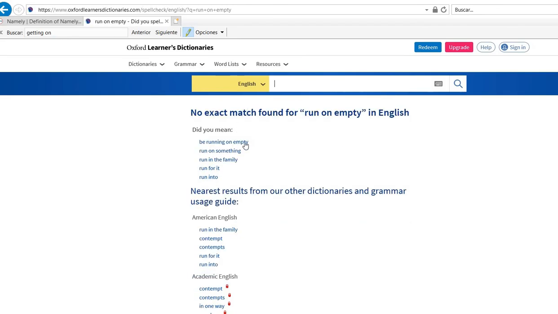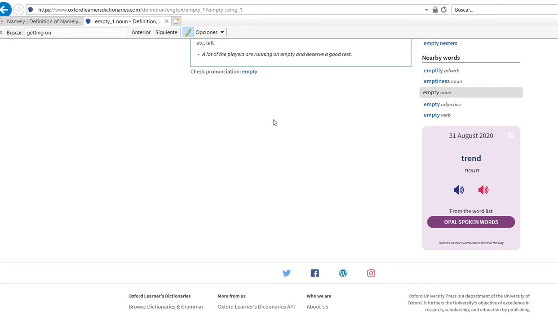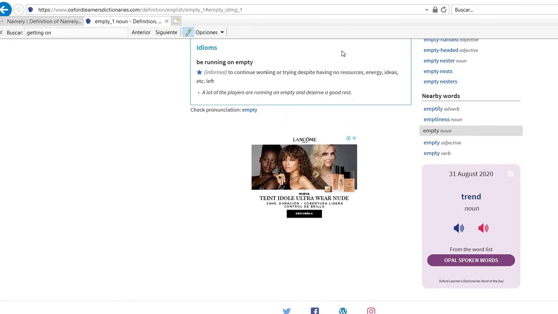To be running on empty means you continue despite the absence of resources, basically. A lot of players are running on empty and deserve a good rest, so they're trying their best despite having no resources. But it could be energy, ideas. I'm running on empty.